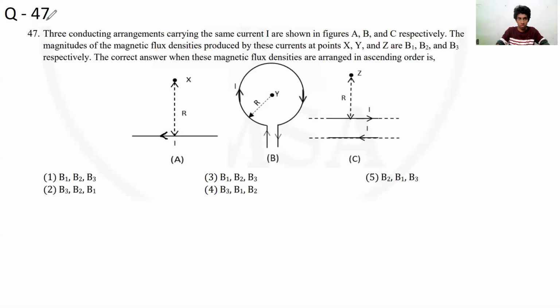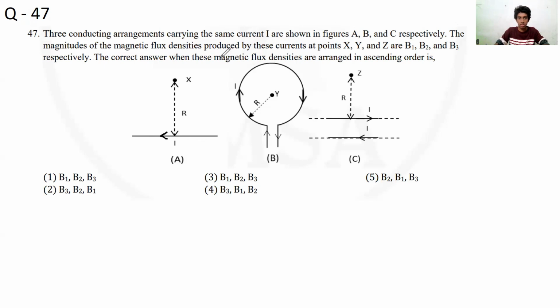Question number 47. Three conducting arrangements carrying the same current I are shown in figures A, B, and C respectively. The magnitudes of the magnetic flux densities produced by these currents at points X, Y, and Z are B1, B2, and B3 respectively.